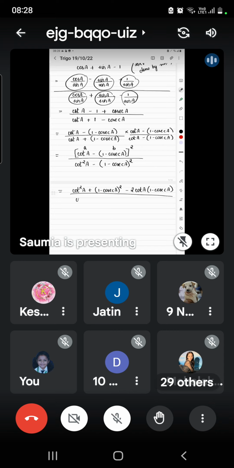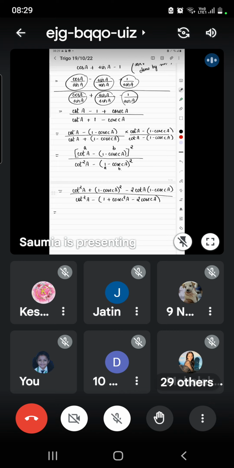Same way, do it at the new denominator also. Cot square A as it is, and this will be a minus b the whole square now. So 1 plus cosec square A minus 2 cosec A. Okay?